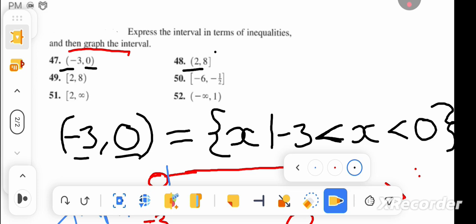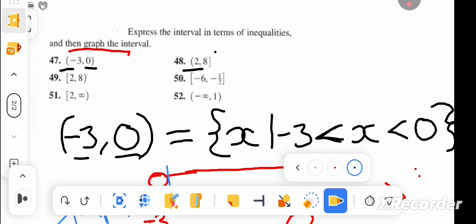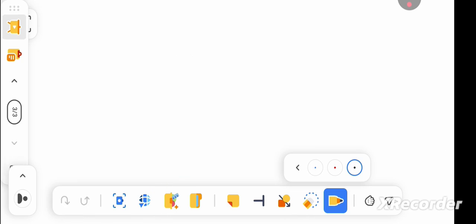Okay, so now to do that, we say we have a 2 here, comma 8. And this side, remember, we have a square bracket.